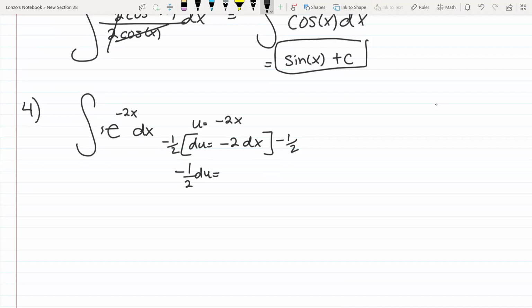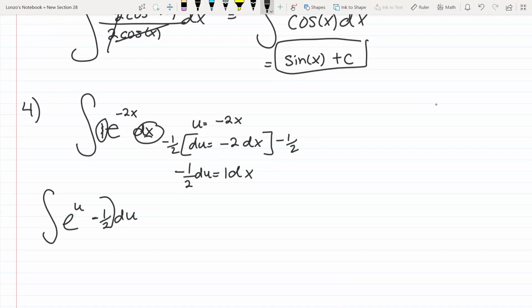And on the right, negative 2 times negative 1/2 cancels, so you're just left with dx, which is perfect because we have a 1 and a dx here. So you can rewrite this as e, and then you're going to replace negative 2x with u, and replace 1 and dx with negative 1/2 du.